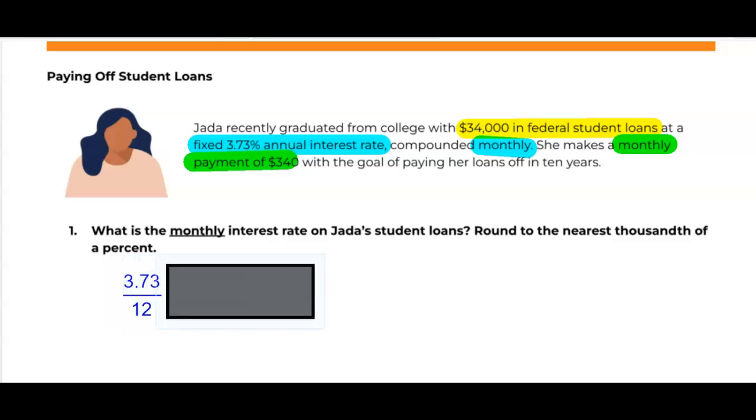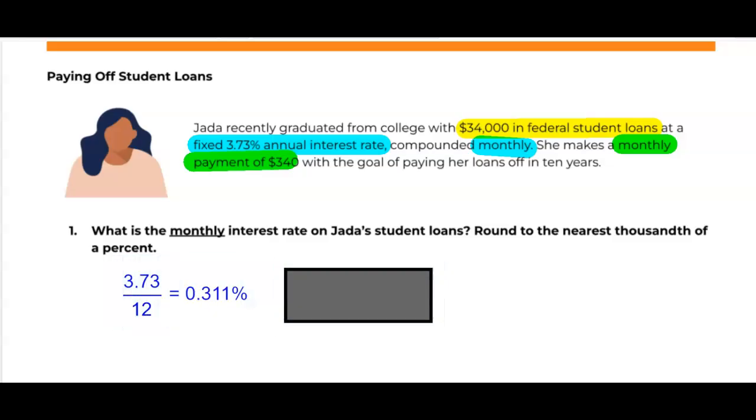All right, so we should have been dividing the interest rate by 12, and then that's your percent. If you did it with a decimal version of an interest rate, so 0.0373 divided by 12, you would have gotten 0.00311, which is correct, but then if it wants it as a percent, you have to move that decimal point back into position anyway.